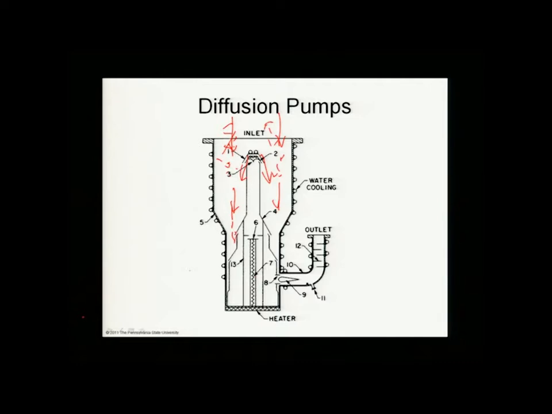The molecules then bounce around and get into here. You can see that there's baffles here, and the pressure of these molecules will build up, so then they'll go out this outlet. Well, that's generally the way the jet is used to capture the molecules, which are happily bouncing their way into here from the vacuum chamber, which is up here.